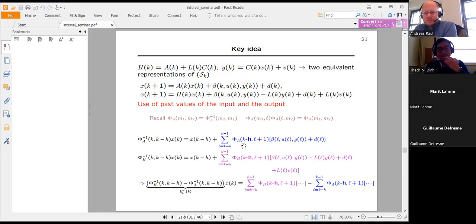Here we can have this form because the nonlinear part does not depend on the unmeasured state, but if it depends on the unmeasured state, this method is quite restricted in coping with that problem.